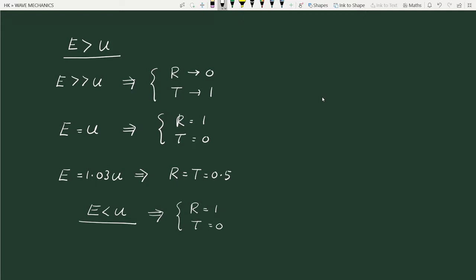With this idea, let us plot reflection and transmission probability together using the same coordinates. Let us take energy along the x-axis. I'm plotting E by U along the x-axis.